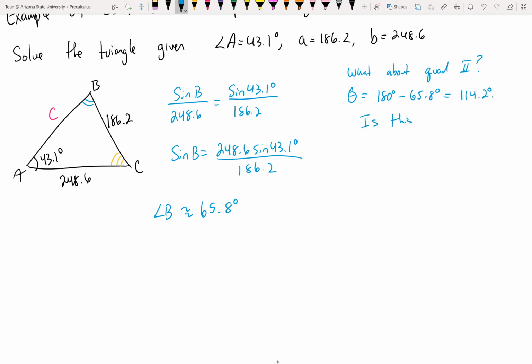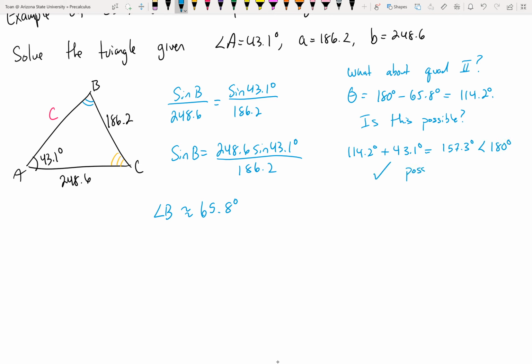Is this possible? You take that possibility, 114.2, and add it to what they gave you and ask yourself, is it bigger or smaller than 180? If you add 114.2 with 43.1, you get 157.3 degrees, which is certainly smaller than 180 degrees.